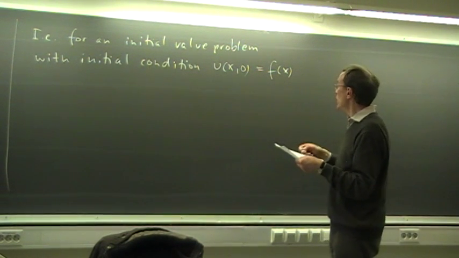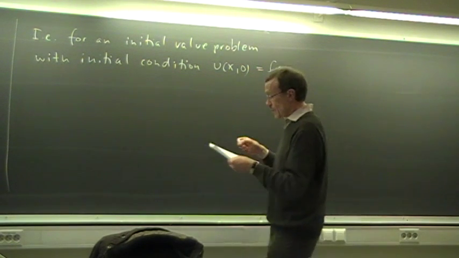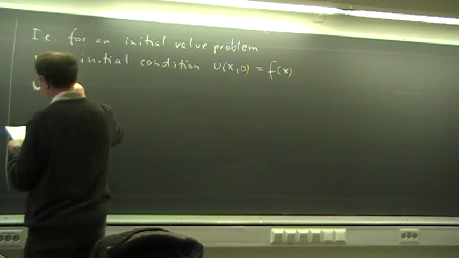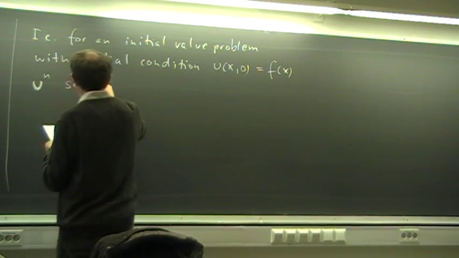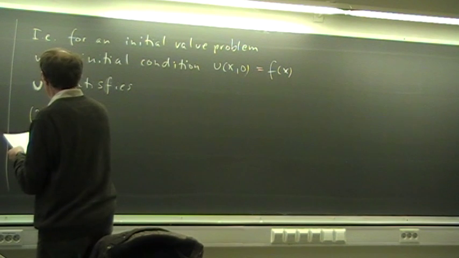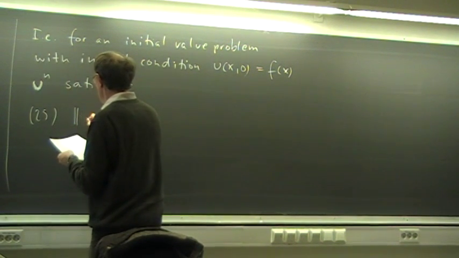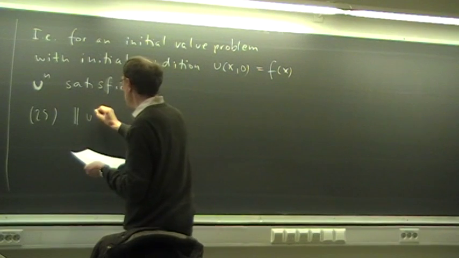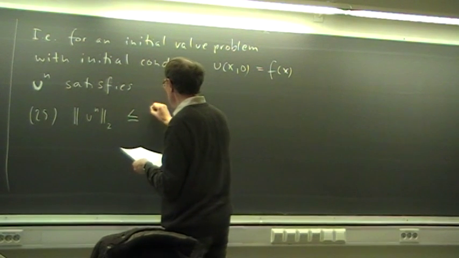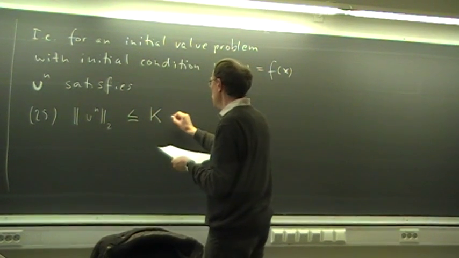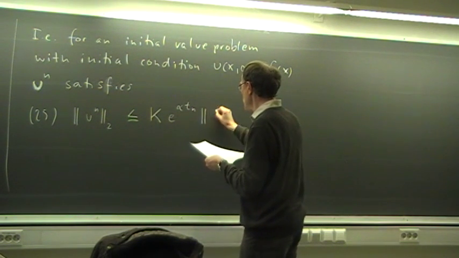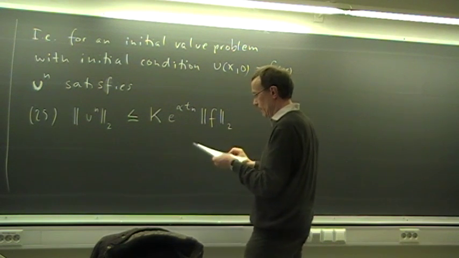So for an initial value problem with initial condition u equal to f of x, this FDM solution, the bold un, satisfies the following. I'll give a definition in a minute: this 2 norm of the numerical solution can be bounded by some constant K times e to the alpha tn times the 2 norm of the initial condition.